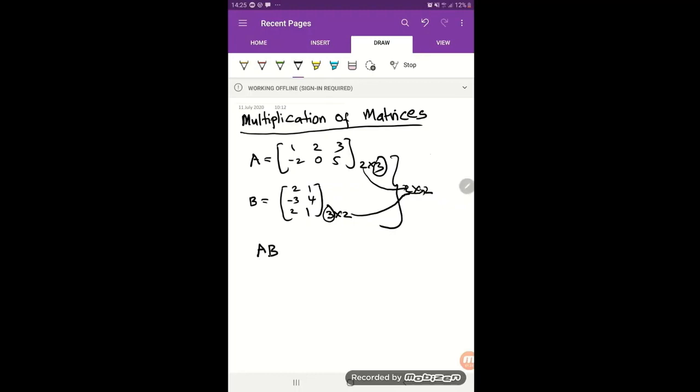Let's say matrix A times matrix B. You rewrite matrix A and matrix B. The first row of matrix A multiplied by the first column of matrix B. That means 1 times 2 plus 2 times negative 3 plus 3 times 2.